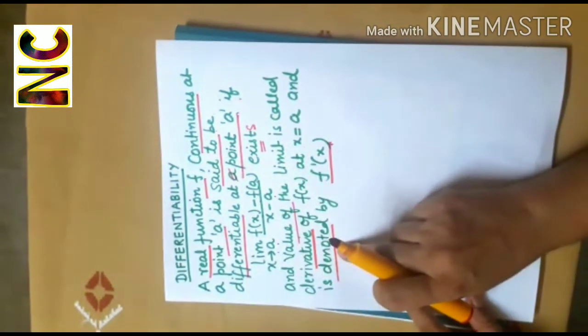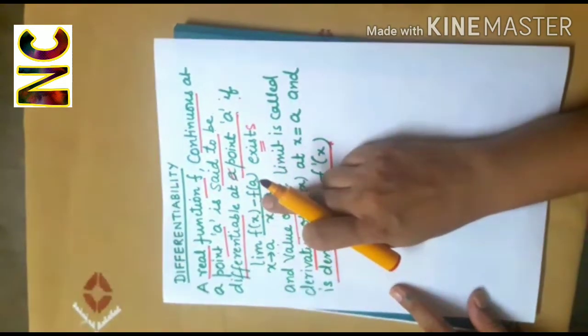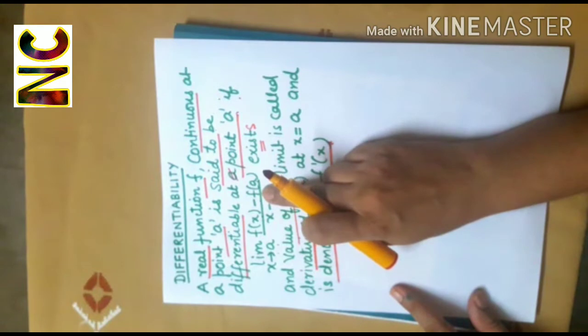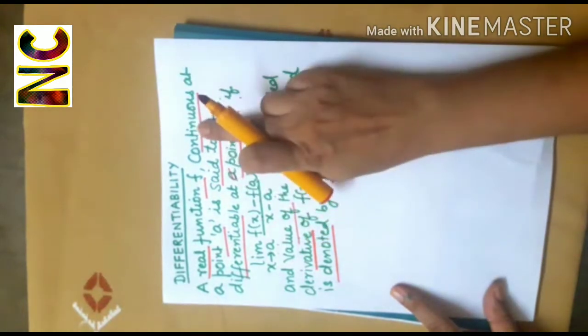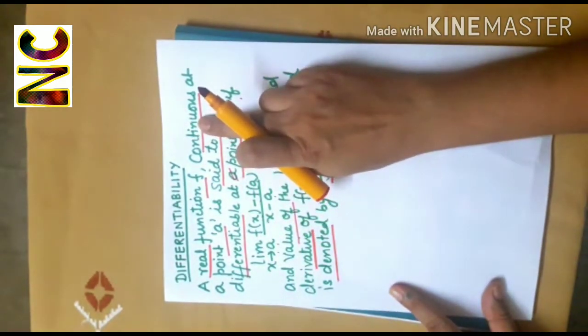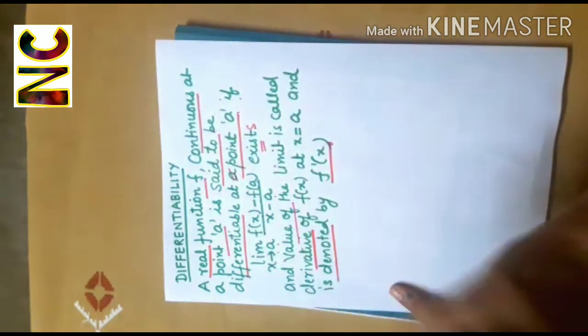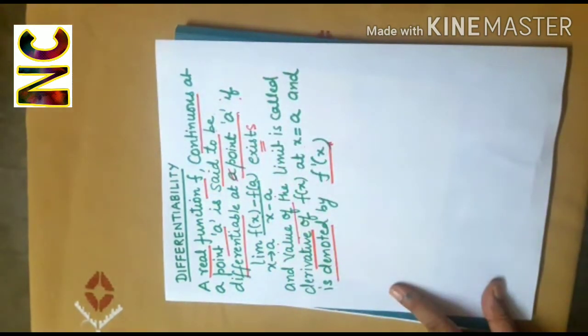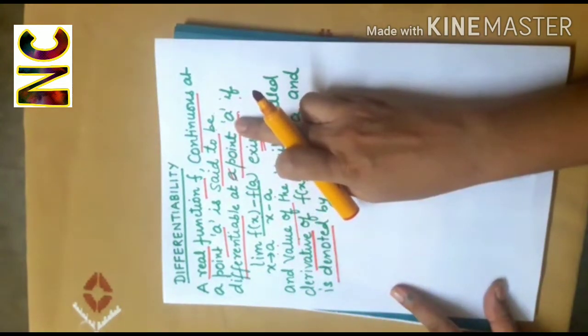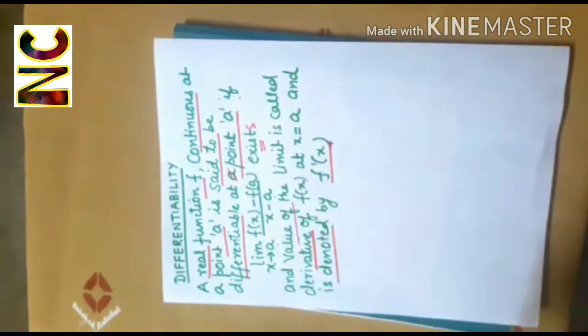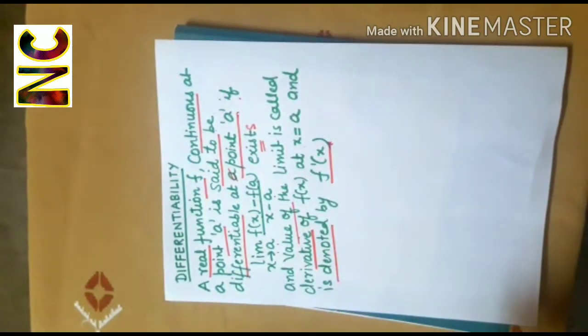This means that for a function to be differentiable at a point, it must be continuous at that point, which means that if a function is not continuous at a point a, then it cannot be differentiable at that point a. So, for a function to be differentiable at a point, it must be continuous at that point.